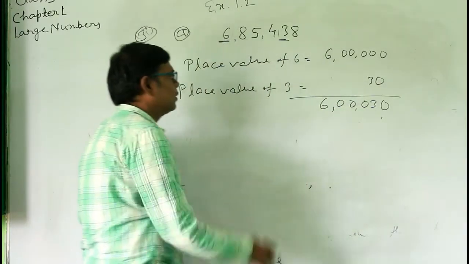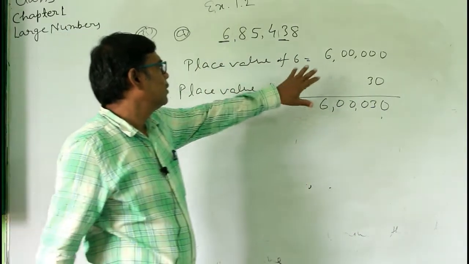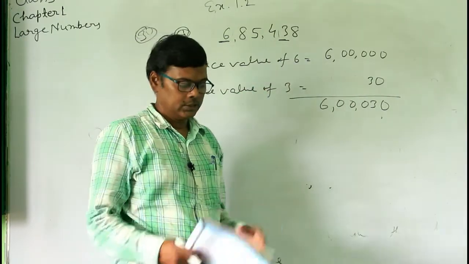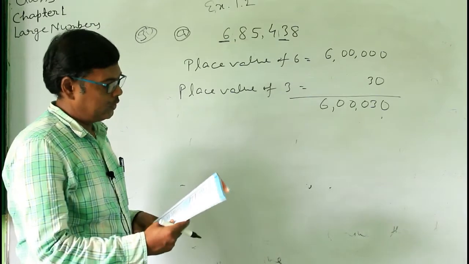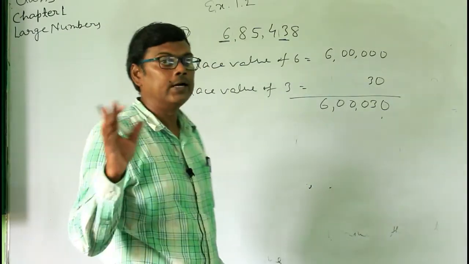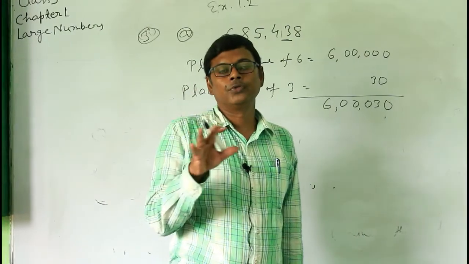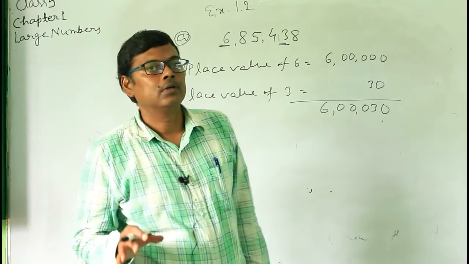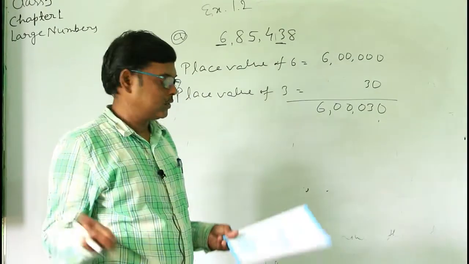So this is the answer. This is the sum of the place values of 6 and 3. Okay, this is the question. So in this way you will find the others. That is, first you will find the place value of each colored digit, and then add all those place values, and then you will get the answer.